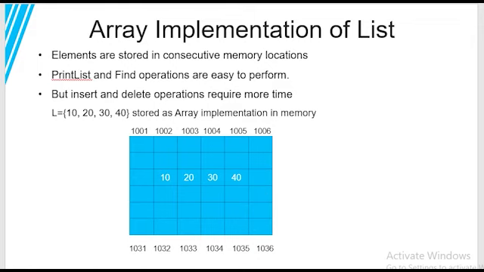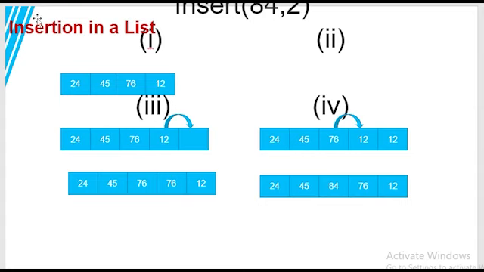We'll see some of the operations in the array implementation of a list, and this is the first one. Here we are going to insert the element 84 in position 2. Here is the list 24, 45, 76 and 12.